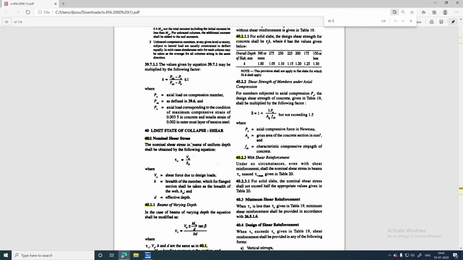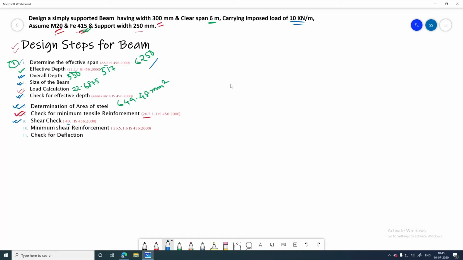Yeah, this is 40.1, and here you can see this is the nominal shear stress tau v. The formula is Vu by Bd. So let's write tau v is equal to Vu by Bd, right? And so what is the value of Vu?